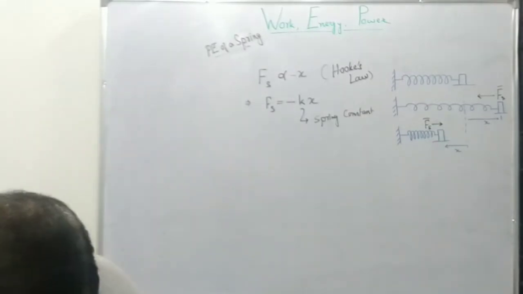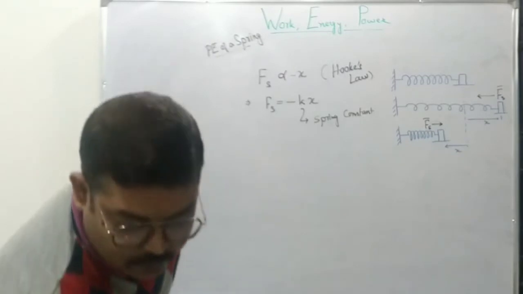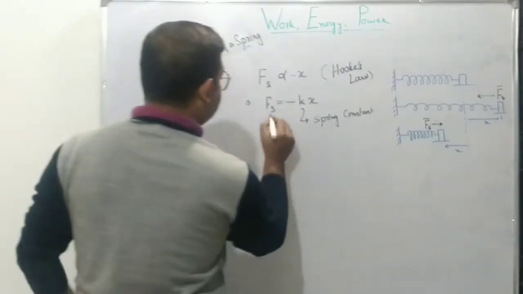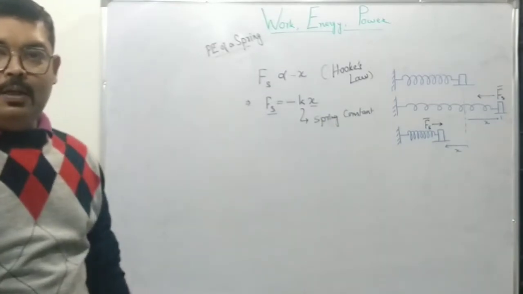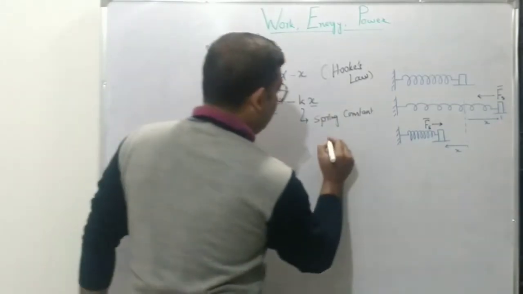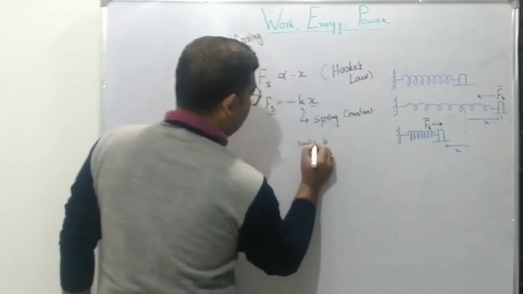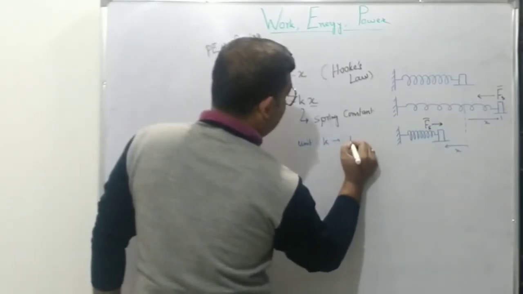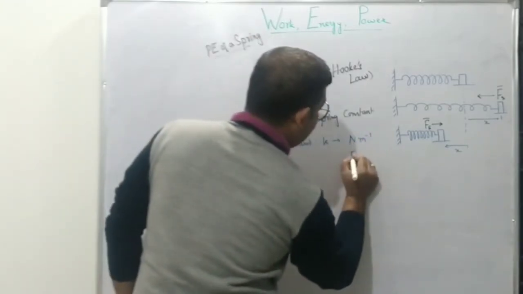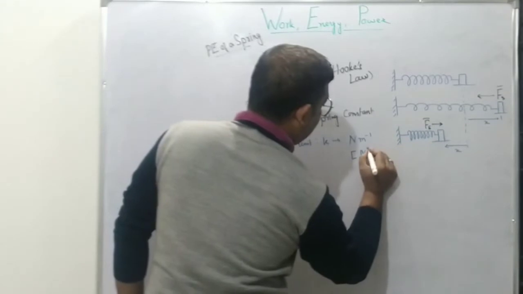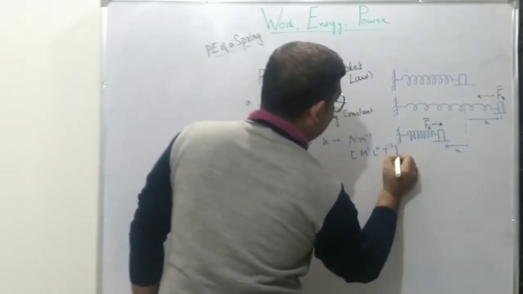Clearly, the spring constant will have the dimensions of force per unit length. So the unit of k in SI is going to be newton per meter, and its dimension is going to be M1 L0 T to the power minus 2.